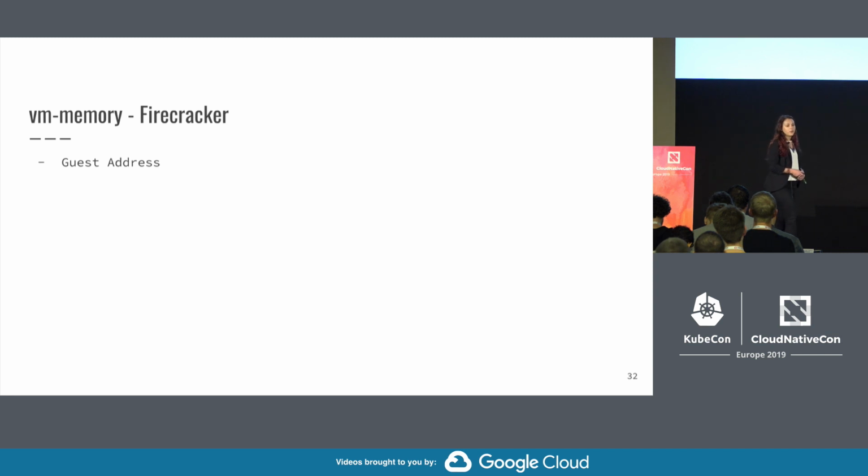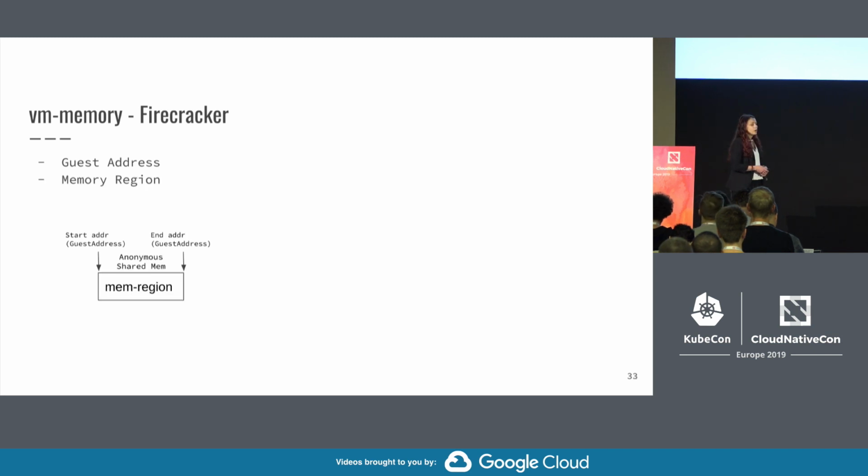Okay, now let's take an example of a crate that already exists in both Firecracker and CrossVM, and try to understand a bit what's happening there. We have the VM memory, and the basic component of the VM memory is an abstraction of a guest address. In Firecracker, the guest address is represented as a usize. Now, we want to make something useful with this guest address, so we want to create a memory region.